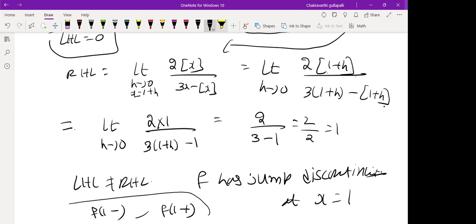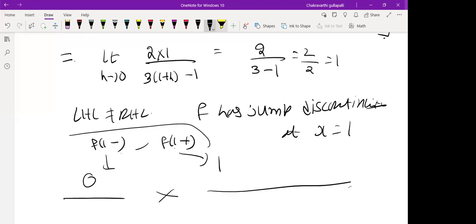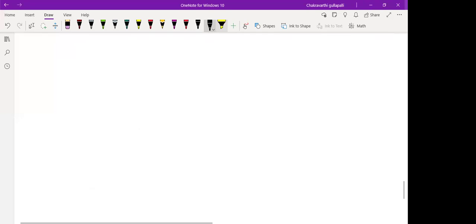Then you should know how to do it. 1 minus means left hand limit, 1 plus means right hand limit at 1. f minus means left hand limit, which we got as 0. Sometimes you will be asked to evaluate separately. Therefore, I have shown the procedure. This is how you can work out a number of questions based on this.